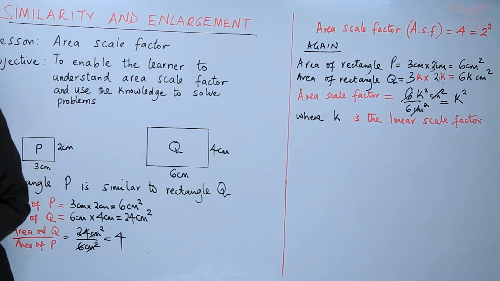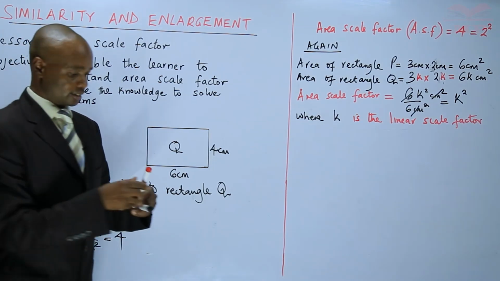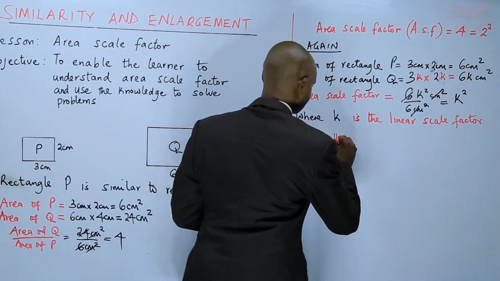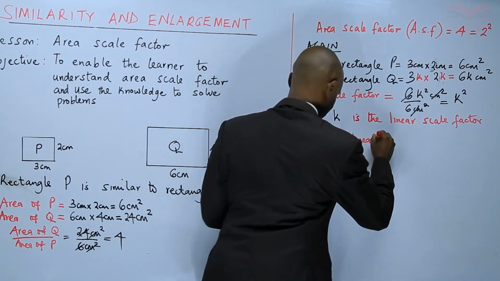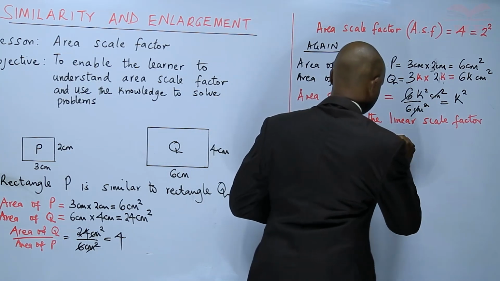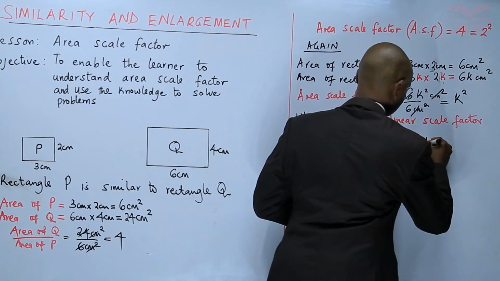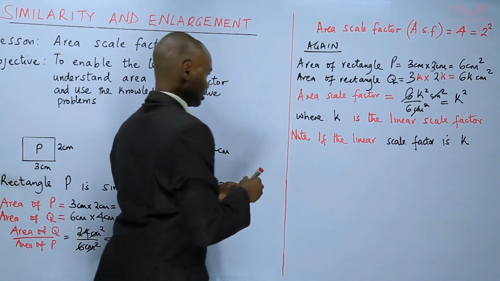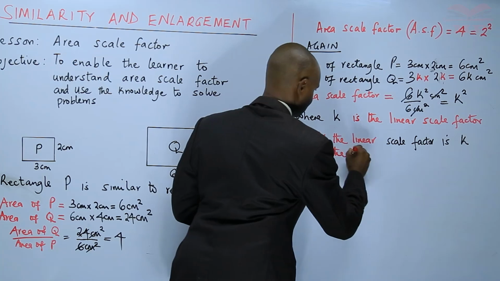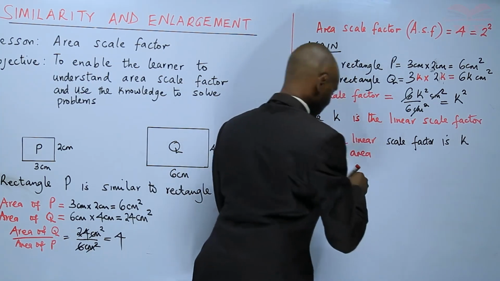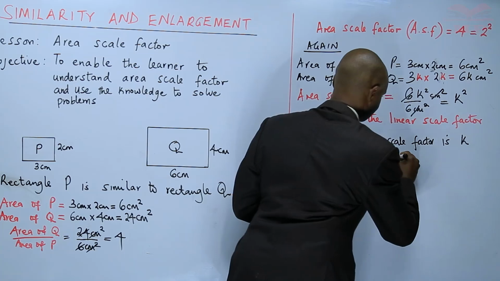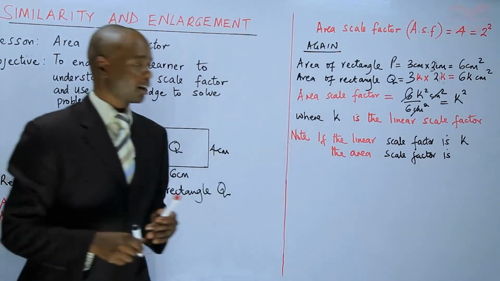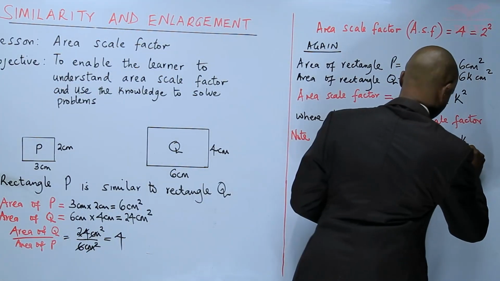So you should notice that if the linear scale factor is K, the area scale factor is the square of the linear scale factor.